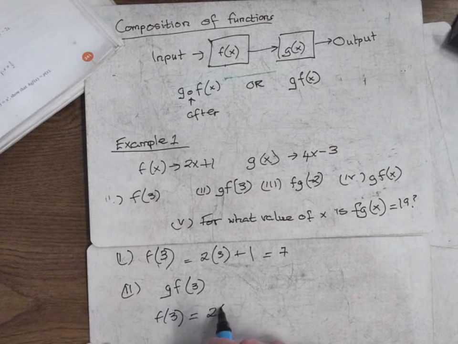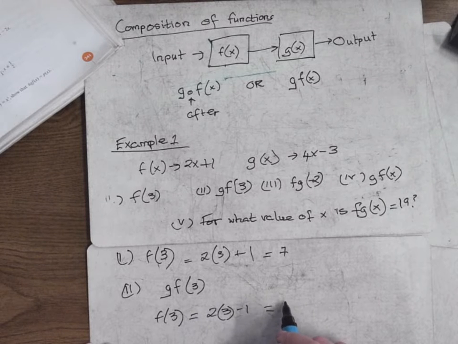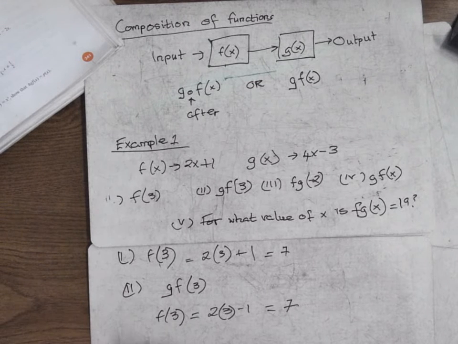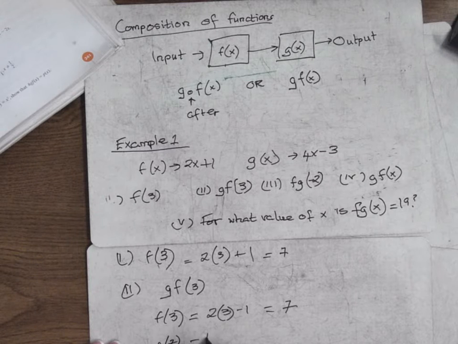That means enter f, everywhere I see an x, put in a 3, and the answer is 7. Right? So then you take the answer and you put it into g. So I'm actually going to get g of 7 then, because you take the answer and you put it in. So g of 7, that means into g, everywhere I see an x, put in a 7.